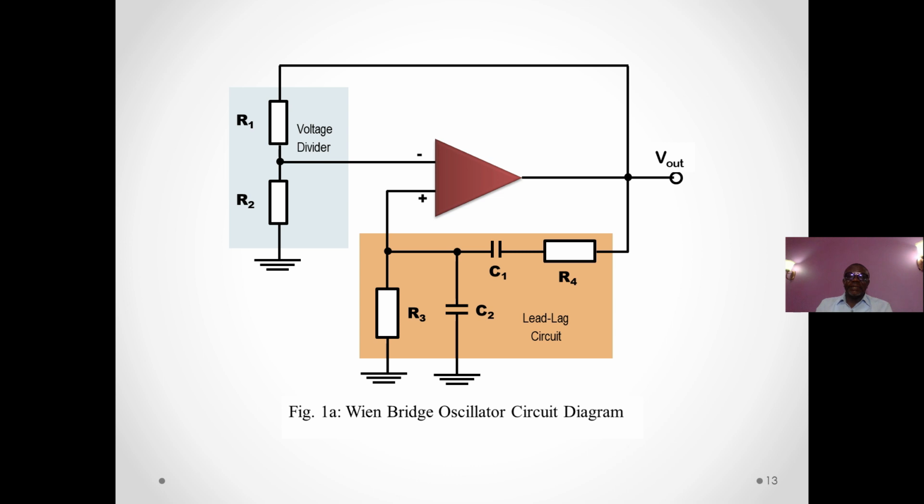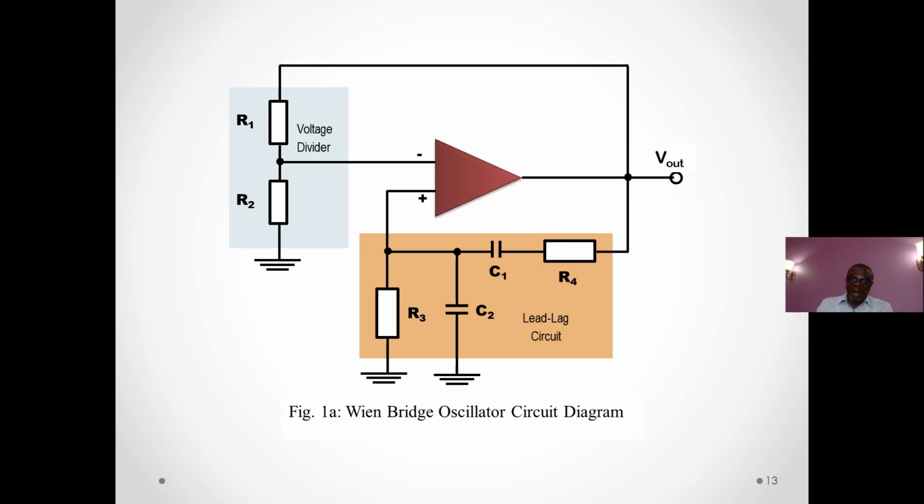If you look at the lead lag circuit, which we have put in the shaded area, you see the capacitors C1, C2, and resistors R3, R4. While in the negative feedback circuit, we have the voltage divider, which has R1 and R2. You can read the circuit and see what is happening.